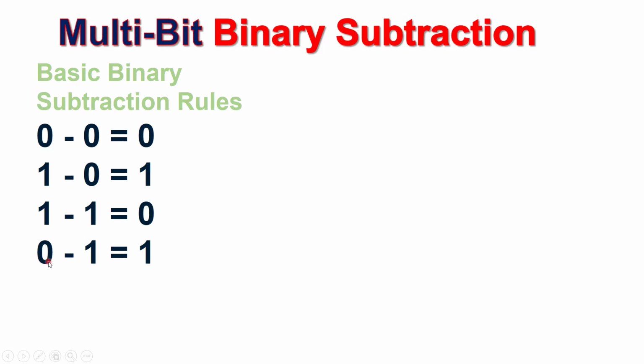So 0, when it borrows 1, as we will see ahead, it becomes 10 in binary. 10 in binary is 2 in decimal. So we read it as 2 minus 1 is equal to 1. So in binary, it is 0 minus 1, that is 10 minus 1, that is equal to 1.